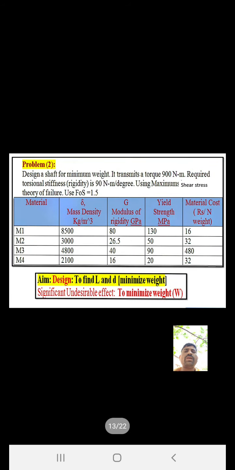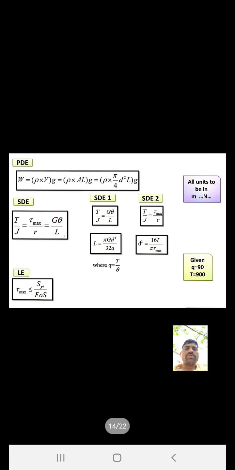Here the torsional moment, torsional stiffness and torque are given. We have seen this in the design subject, and also in the SOM subject, the torsion unit. You know how to calculate the torsion. There is only one formula: T by J is equal to tau max divided by R, is equal to G theta by L. T is the torque, given in Newton meter.